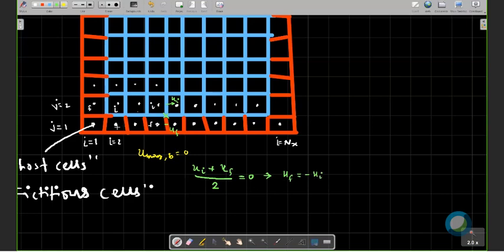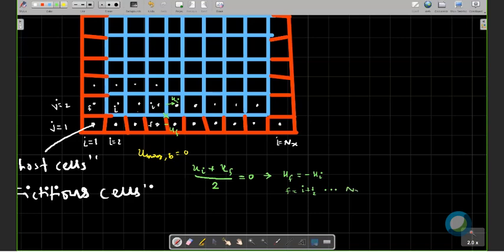Here, wherever you are, your f is varying from I equals 1 to nx. Similarly, this I is also varying from 1 to nx. So you apply this, where f is varying from I plus half to nx minus half.